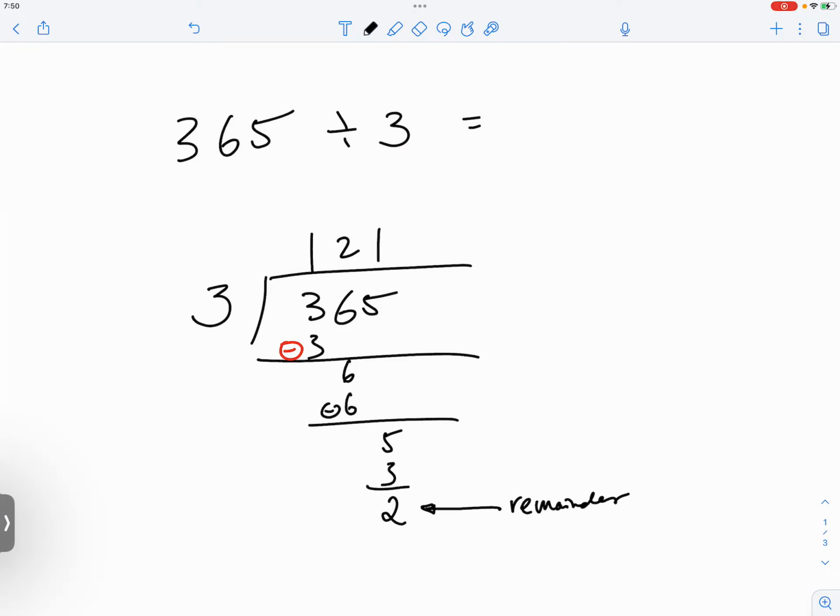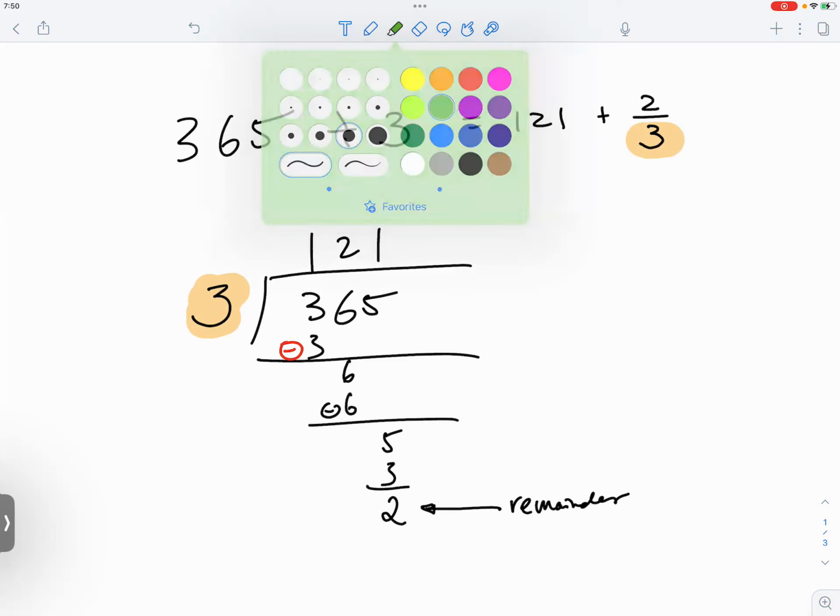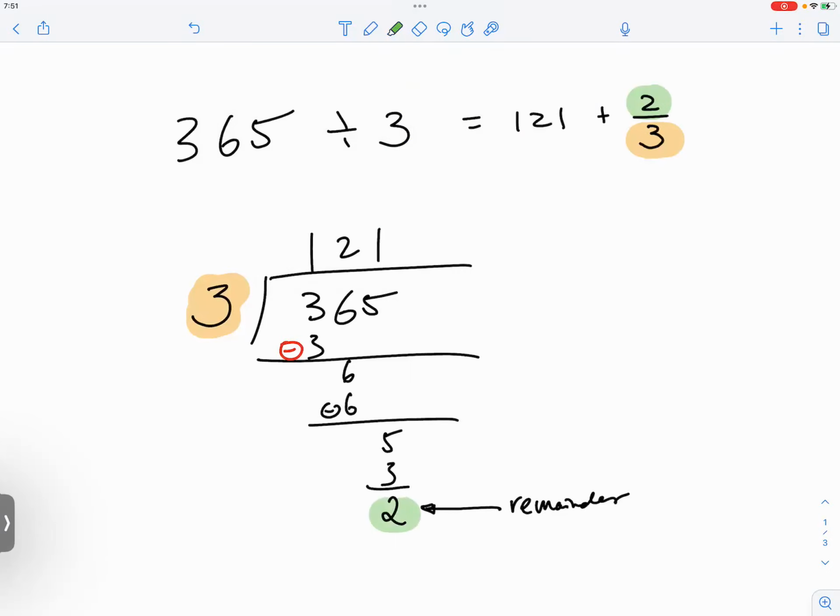All right, so how do we present our answer? We say 121 plus what? Not 2. 2 over 3. Now, I want to illustrate one thing right here: the divisor is here, and that becomes a denominator. The remainder is here, right?